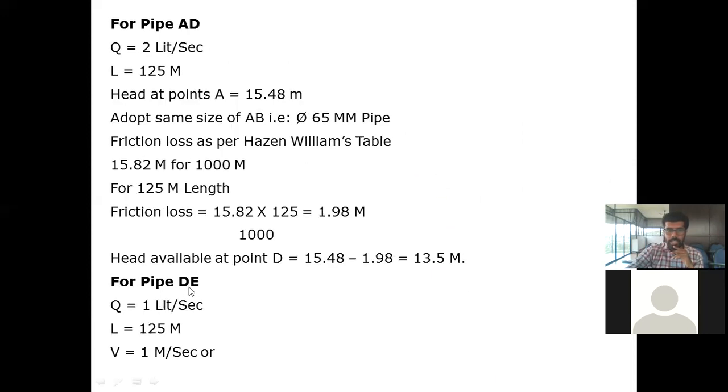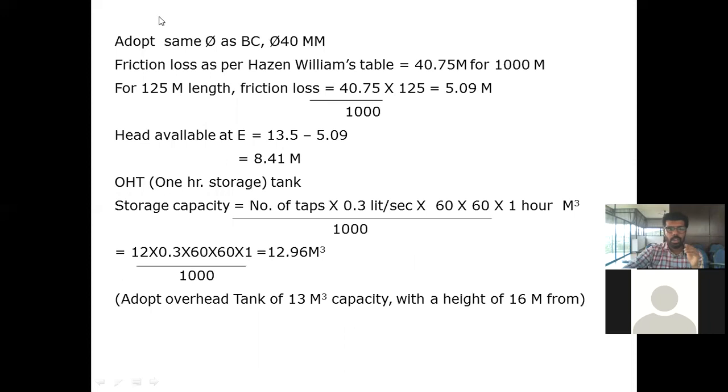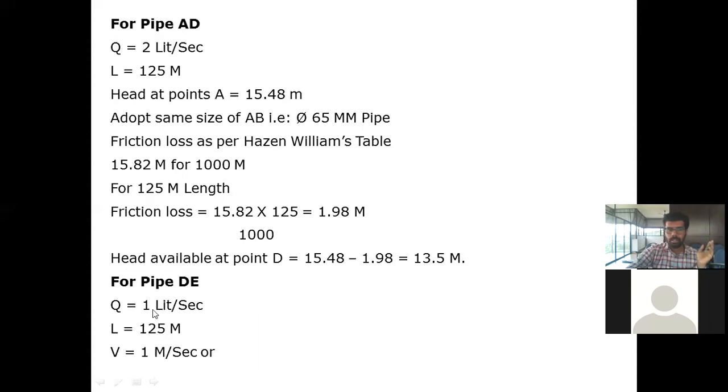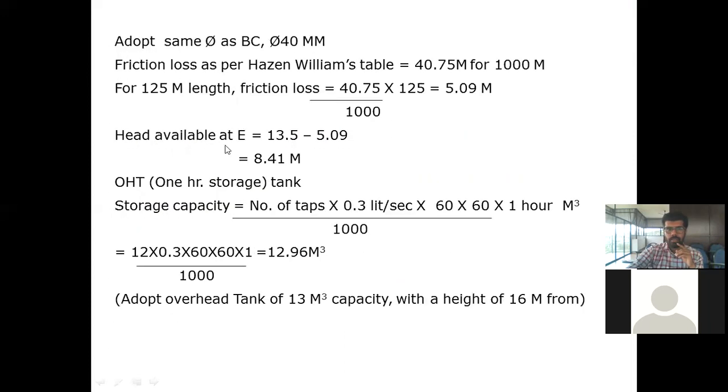Right, DE. Q is 1 liter per second, given. Length is 125, given. Velocity 1 meter per second, that is also given. So adopt the same size as for DC, 40 mm, because we have already found that it is 40 mm. So you can choose that. Then go to the Hazen-Williams table and find out the friction loss.